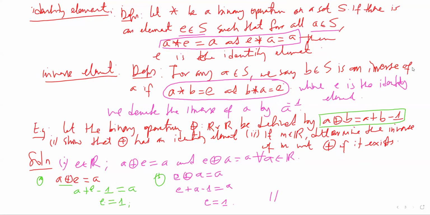And so we conclude that because the identity in both cases is equal, the identity is 1. But you should bear in mind, if E in this case is different from E in the other case, then it has no identity. The identity does not exist.